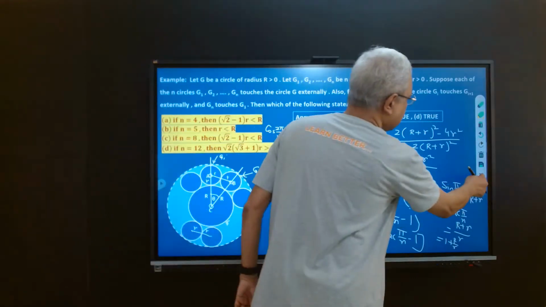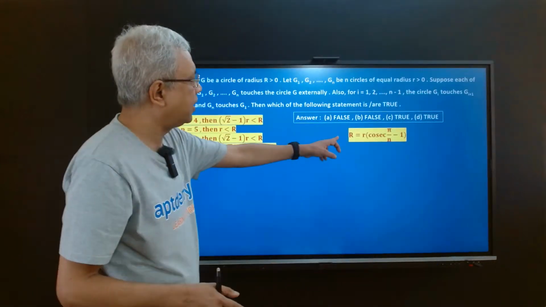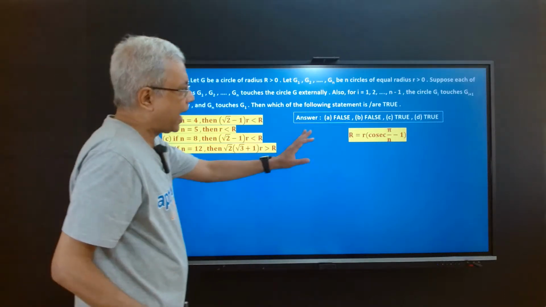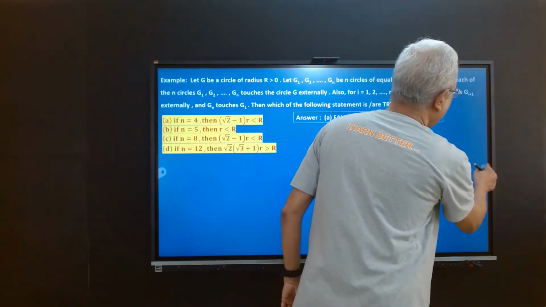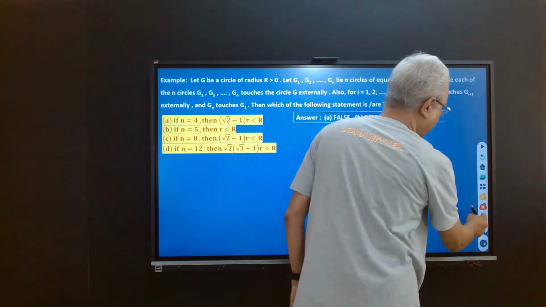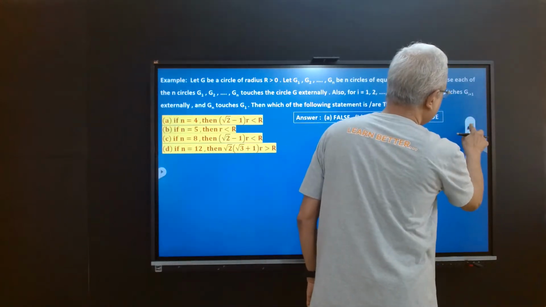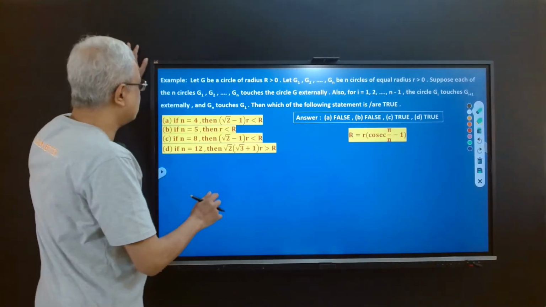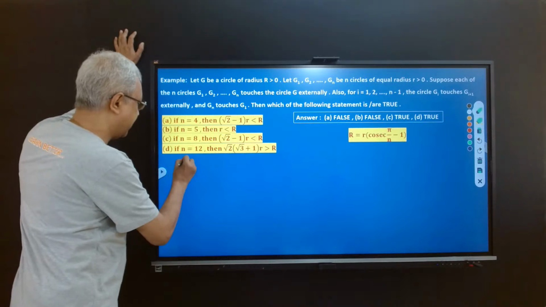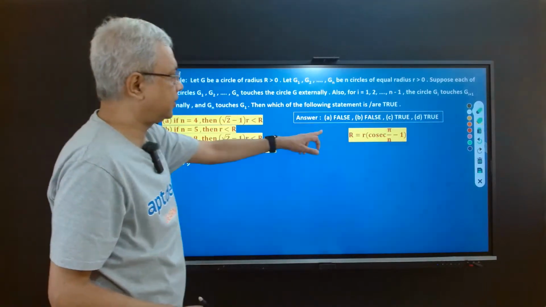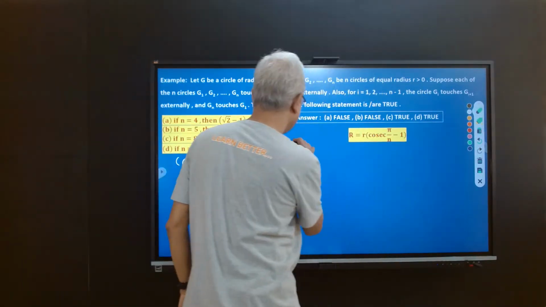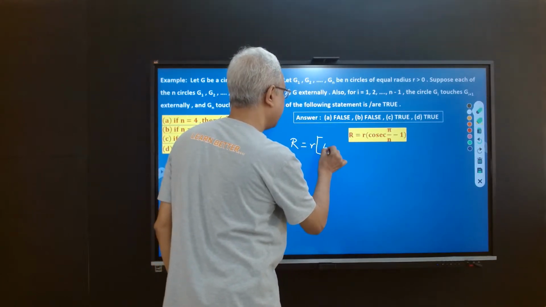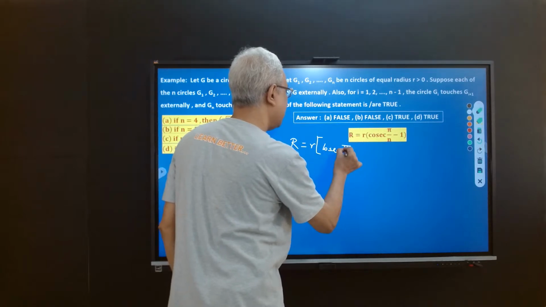Capital R equal to small r cosec pi by n minus 1. This is the formula. Actually, from this point, we will start solving the problem. Up to this, I hope there is no doubt. Okay. Now, come to situation A. Let me again write R equal to r cosec pi by n minus 1.